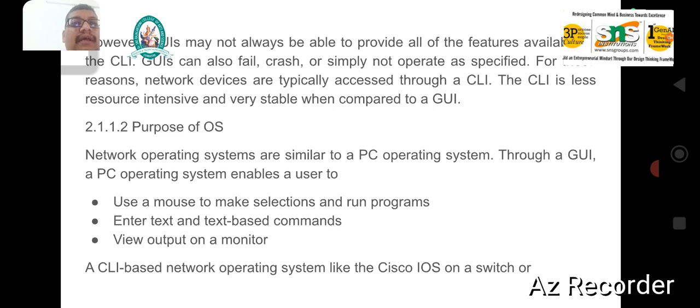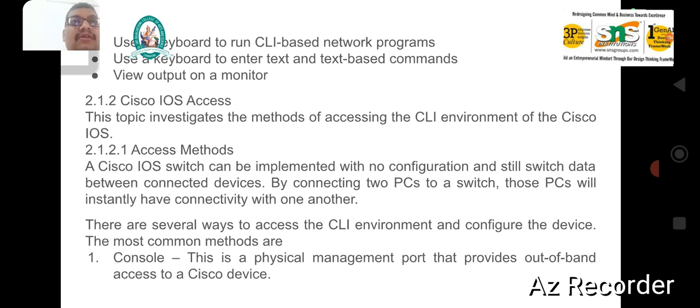Through a GUI, a PC operating system enables a user to use a mouse to make selections and run programs, enter text and text-based commands, and view output on a monitor. CLI-based network operating systems like Cisco IOS on a switch use the keyboard to run CLI-based network programs, enter text and text-based commands, and view output on the monitor.